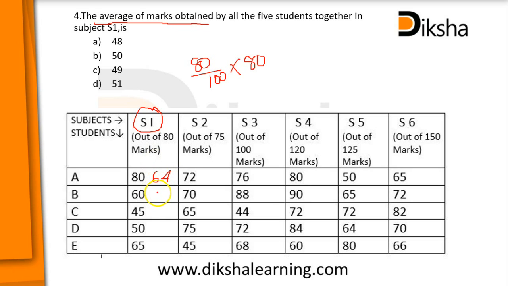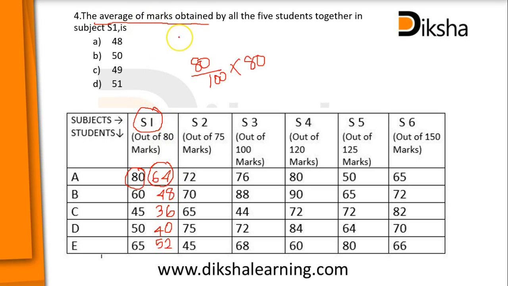Next 60 percentage of 80 marks. Similarly you will get it as 48. Then 45 percentage you get it as 36. 50 percentage, just take the half, 40. 65 percentage, 52. Remember the difference: this is percentage, 80 percentage, this is a mark, 64. The first value is percentage and the second one is marks.